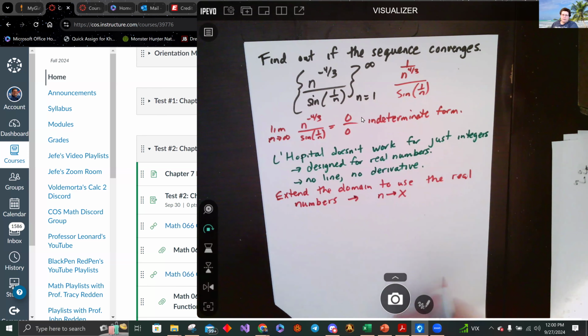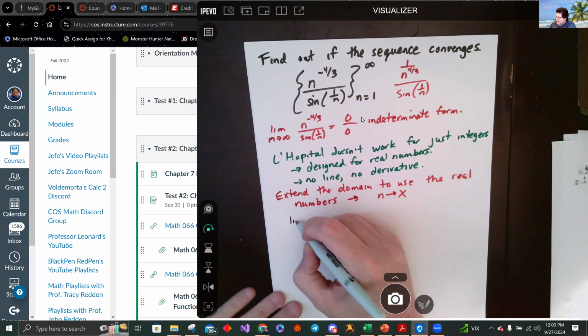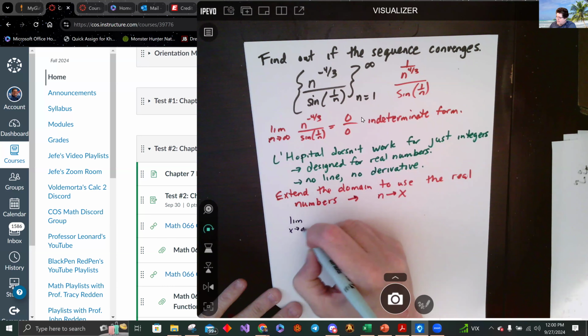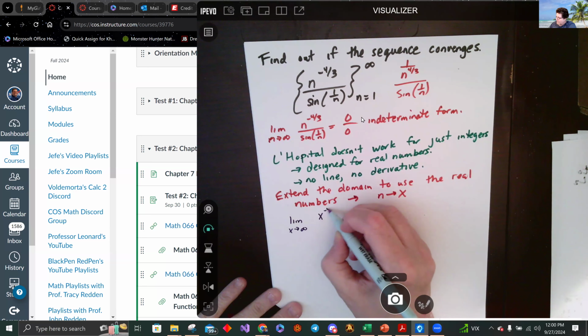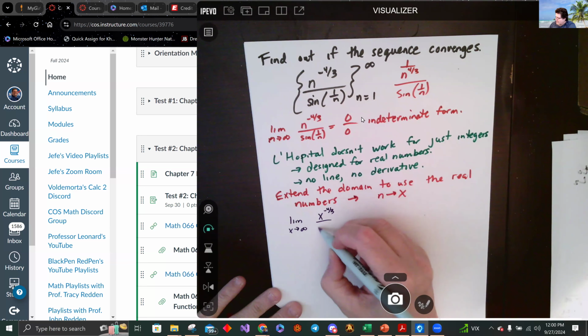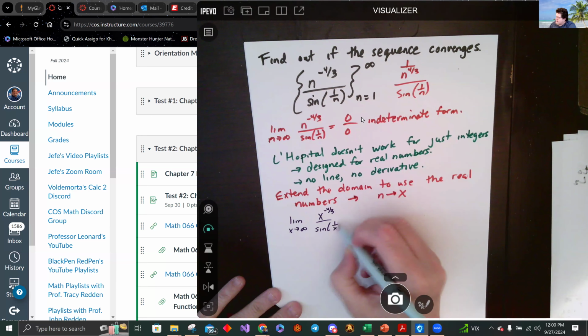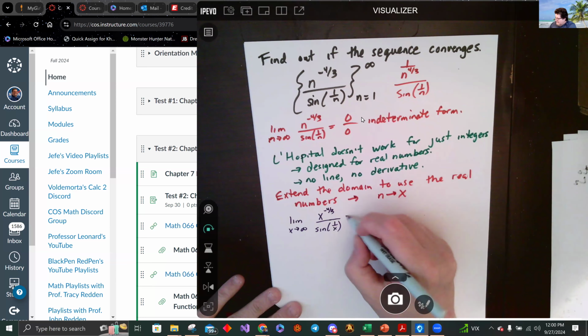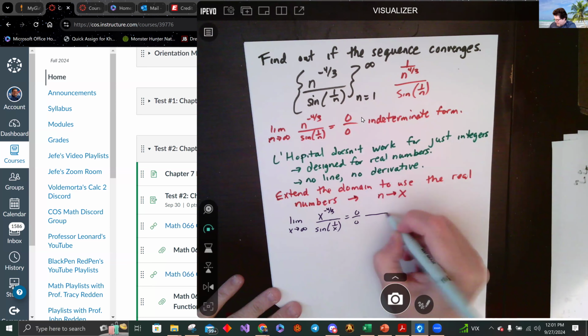As x is our real number line, we use x and y. So we use n for integers, x for real numbers. So here now, when we look at this again with real numbers, we have the limit as x goes to infinity of x to the negative 4/3 over sine of 1 over x. This is 0 over 0, which triggers a L'Hopital event.